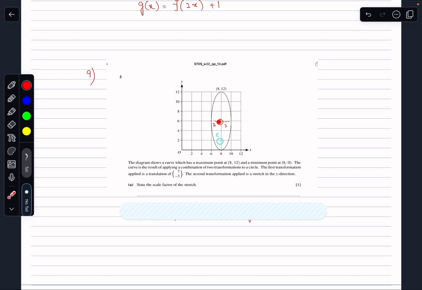So if I mark the center of the ellipse here, then this comes out to be the center. What I can see here is that the distance along the x-axis hasn't changed because the stretch was only applied in the y direction. So the distance along the x-axis here has to be the radius of the circle.